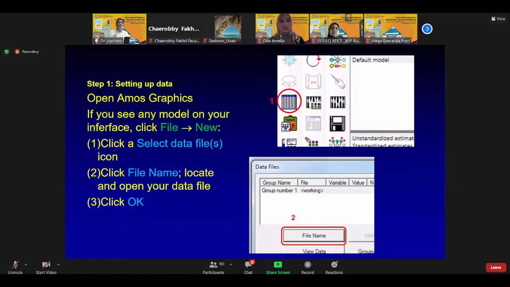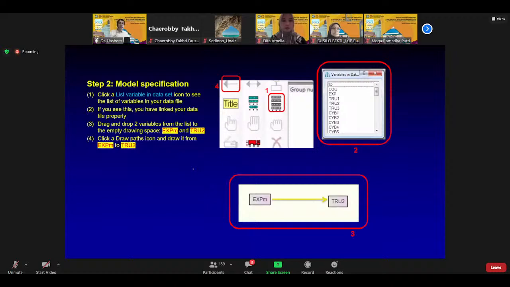You can see the bottom here that for setting up the data, you select the data and then the file name, and that's all. Okay. And then for designing the models, for example, we have 2 types of variables here.